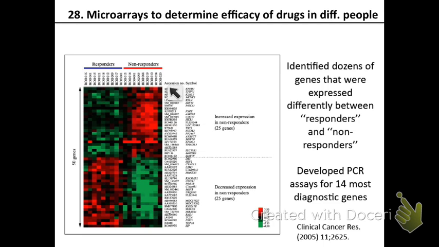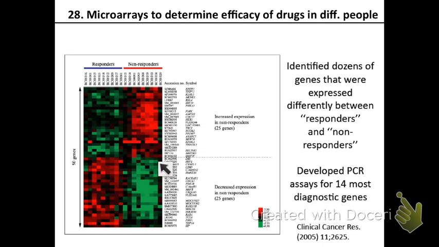Here they look at thousands of genes, but they're showing you only those genes that actually differentiate these two groups, okay? So when you look at this, what you can see is that this set of genes here are highly expressed in the non-responders and lowly expressed in the responders. And this set of genes are expressed in the responders and not the non-responders.